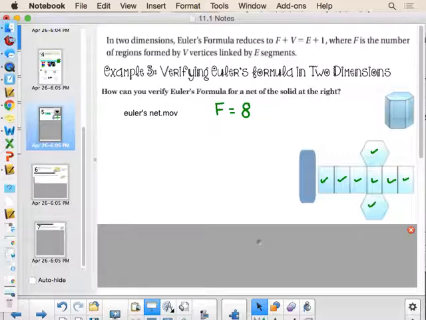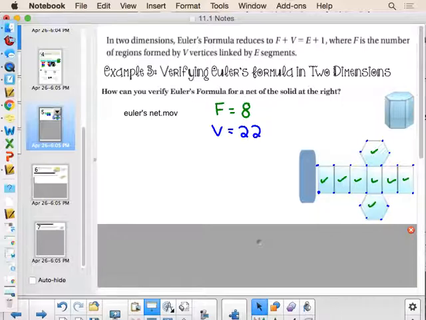Vertices is still going to be the same idea. Now when I count the number of vertices, I got 1 through 22. We have a grand total for vertices of 22.